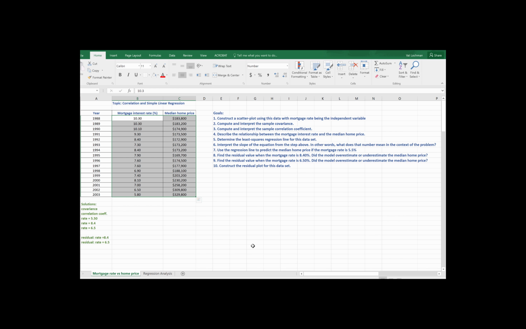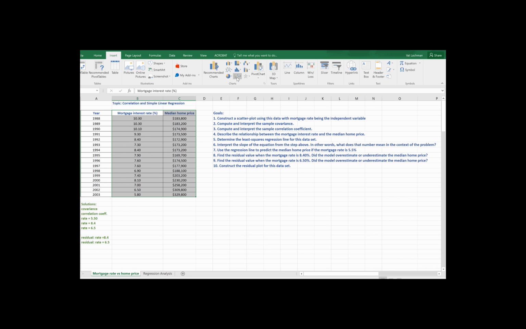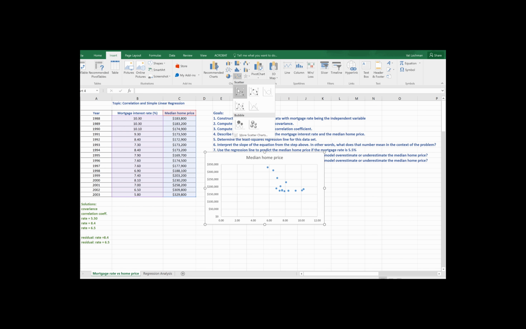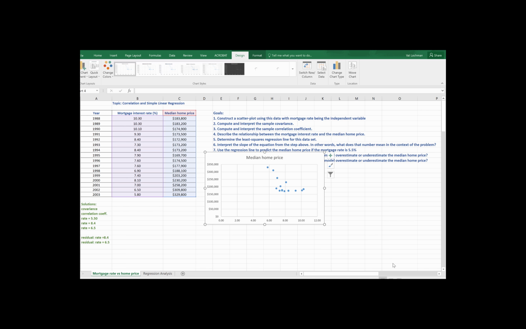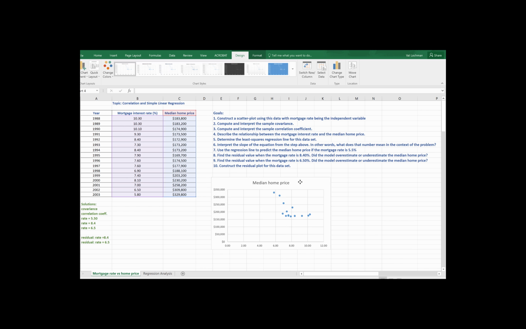This one says, construct a scatter plot using the data with mortgage rate being the independent variable. So you already know how to do that from chapter 2. We're going to highlight these two columns, go to Insert, Chart, and we select the first type of chart. Okay, so here's your scatter plot.